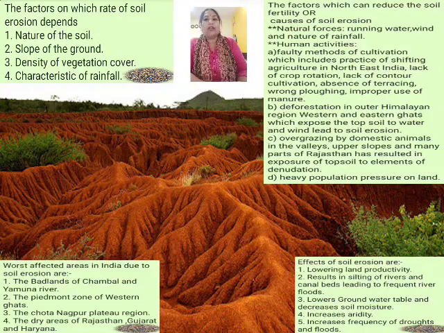The third point, lowers groundwater table and decreases soil moisture. Fourth point, increases aridity. And the fifth point, increases frequency of drought and floods. So students, you can make notes also of these slides.